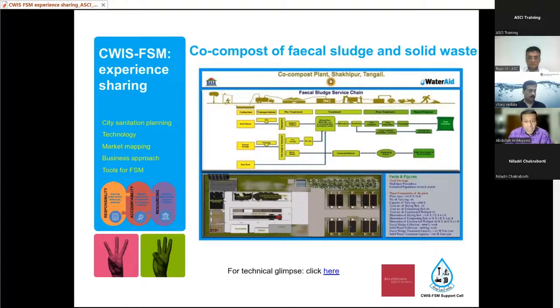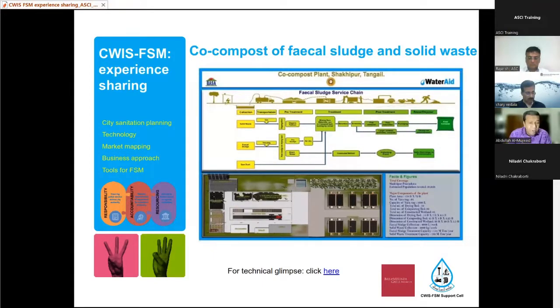So when we started at the end of 2014, how did we kick off? What did we consider to have the whole sanitation value chain with the participation of the municipality authorities?